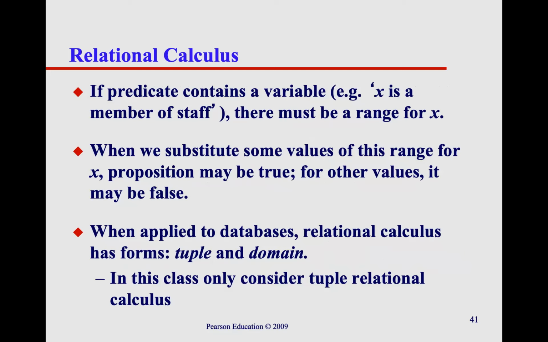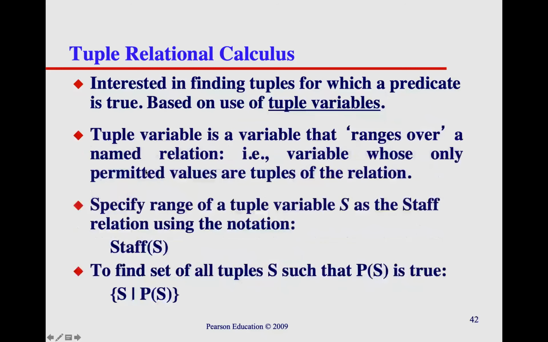Okay, so generally we have the predicate for each tuple in the relation. We substitute values from that tuple into the predicate, and those tuples that make the predicate true, we put in the result set. And if they make it false, they do not make it into the result set.